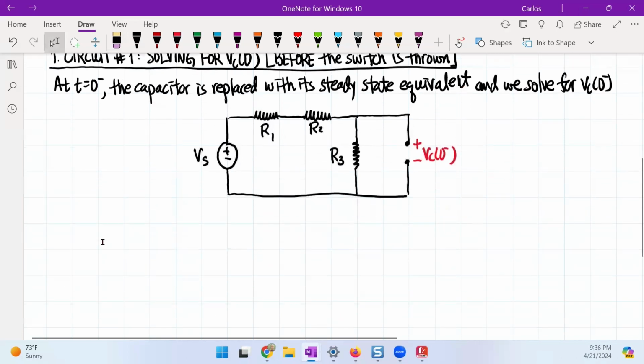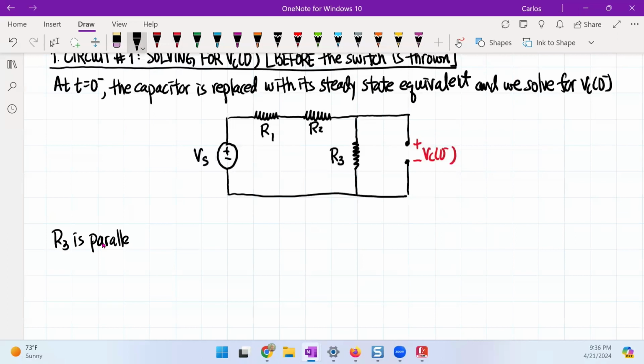What we see here is that resistor 3 is in parallel with the capacitor. And because they're in parallel, they have the same voltage. R3 is parallel to C, which tells us they have the same voltages.